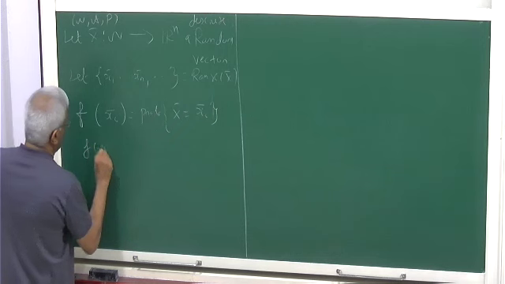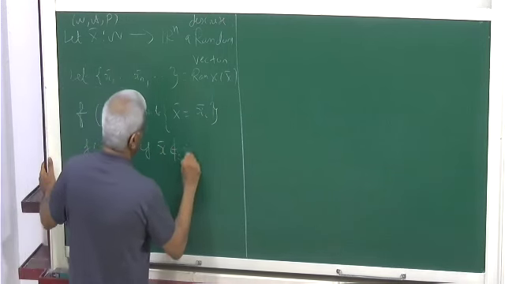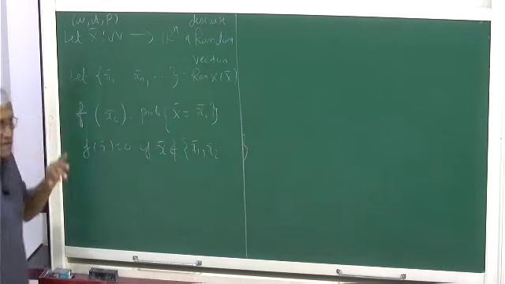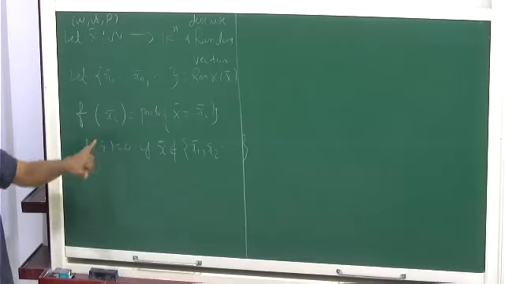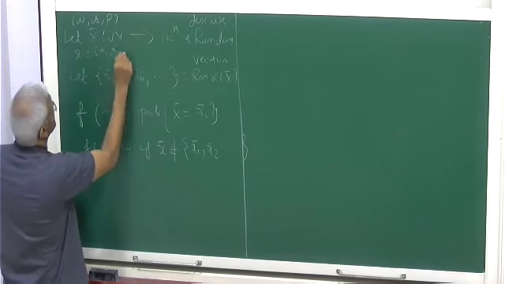And f of x bar equals 0 if x bar is not in this set. You take the range, and on the range it is defined like that, otherwise it's 0.